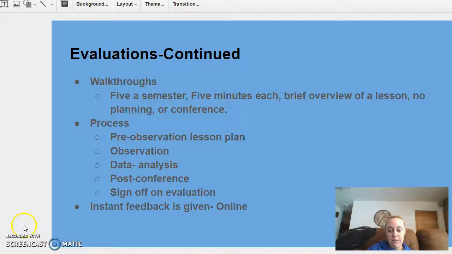The process for evaluation, we've talked about in other modules too, but for us, we have a pre-observation lesson plan for the formal evaluation. Again, we don't have a conference per se, but we do give a lesson plan. We get observed, and during the observation, the principal will look for those 41 different objectives, but if they don't see them, it's not a big deal.